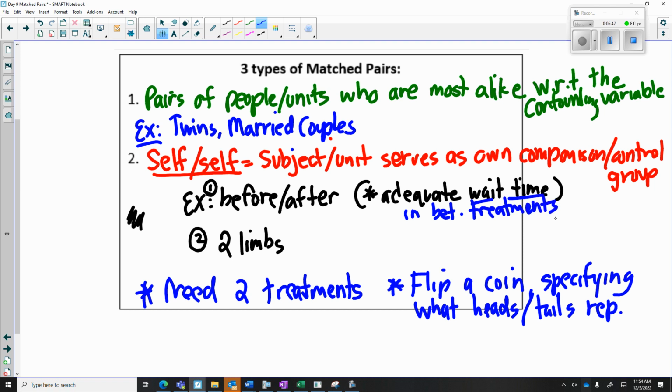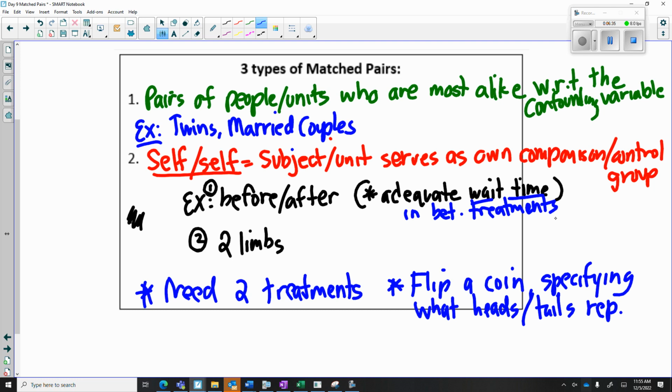And the other one, the two limbs, has shown up a few times on the AP in the form of, for example, a question about sneakers, sneaker type A and sneaker type B. Instead of having blocks of people who are different running classifications, expert runners and amateur runners, and comparing them to each other, you could randomly assign the sneakers to the one foot and the other foot, and then have the runner go run with the two separate sneakers, one on one foot, one on the other, or have them run in a before and after situation with the one type, and then maybe wait a week or so and the other type.